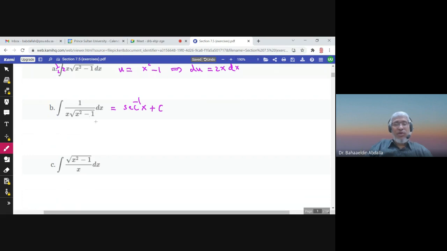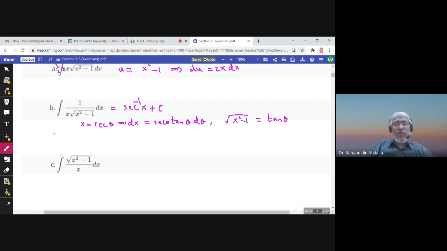You have x squared minus 1, so you can take x as secant theta. Then dx would be secant theta tan theta d theta. And the square root of x squared minus 1 would be the square root of secant squared minus 1, which is tan squared. So it would be tan theta.